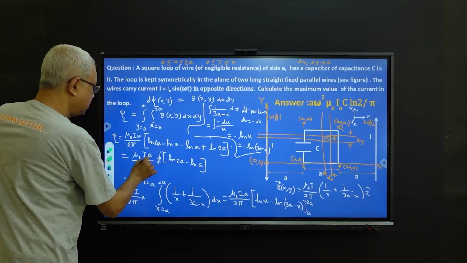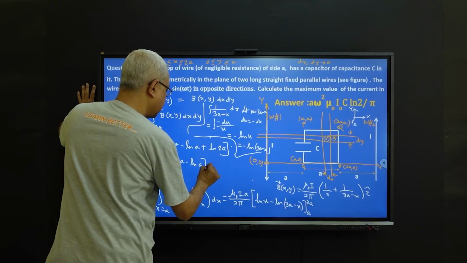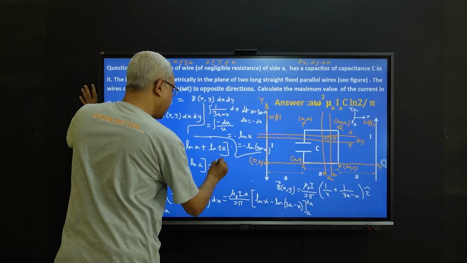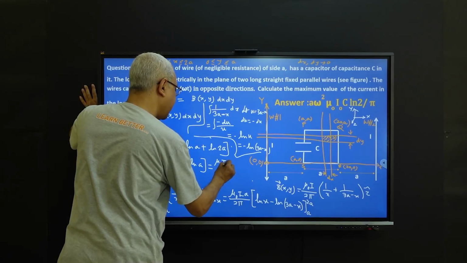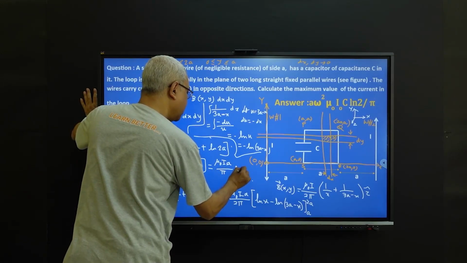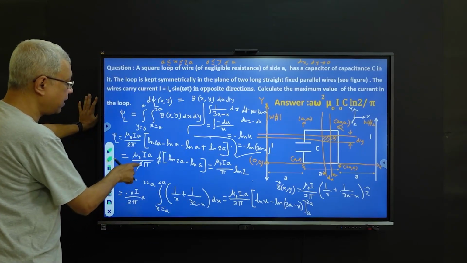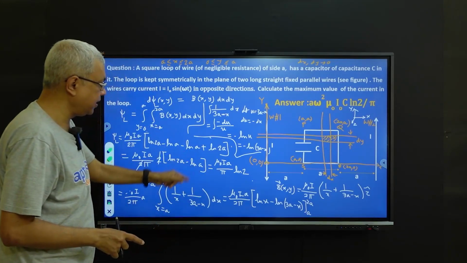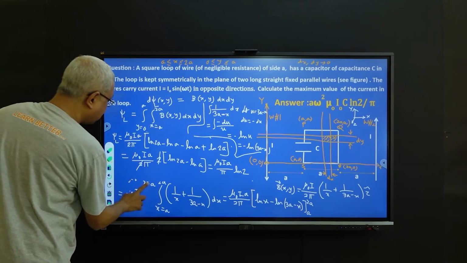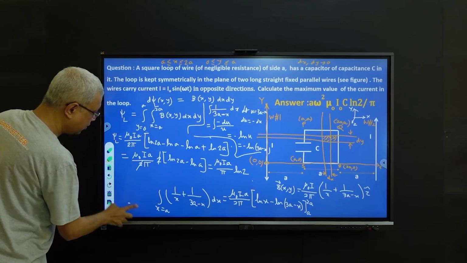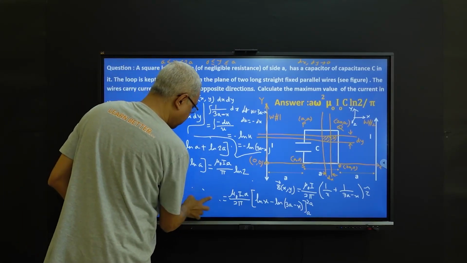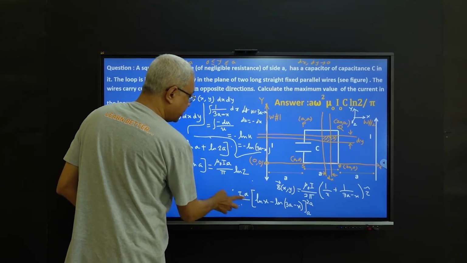There is cancellation of 2 from numerator and denominator, so it is mu naught I a by pi ln 2, because ln 2a by a is ln 2. So we have got the expression for flux linkage through the loop. We are almost through. So we could calculate the flux linkage through the square loop.